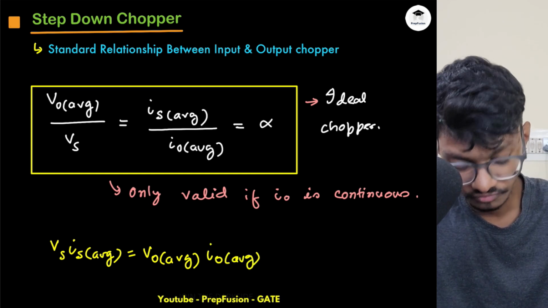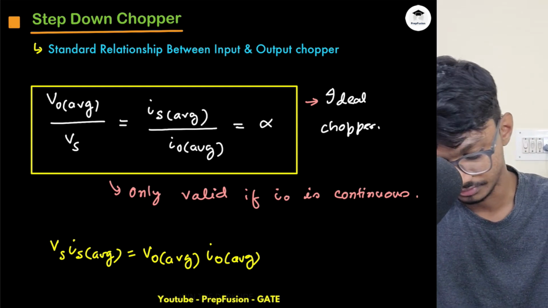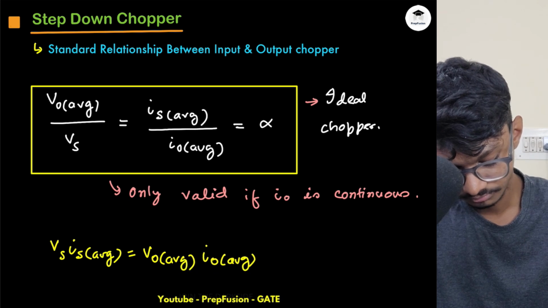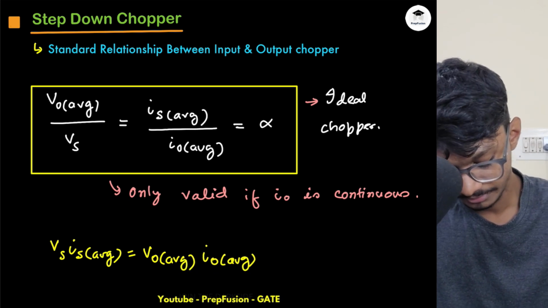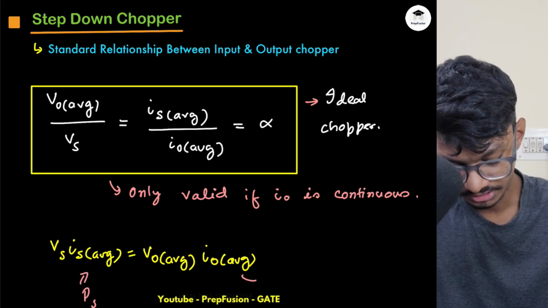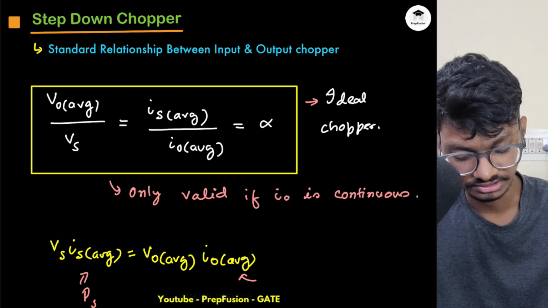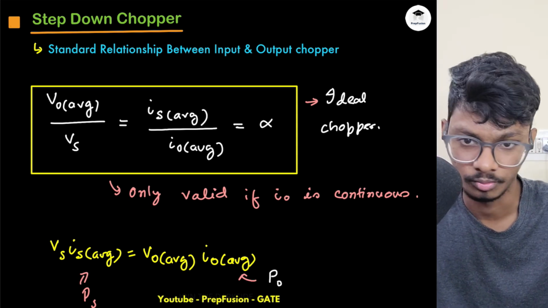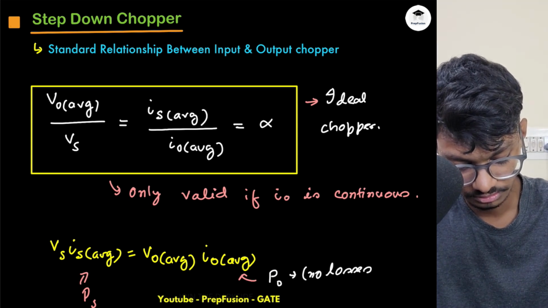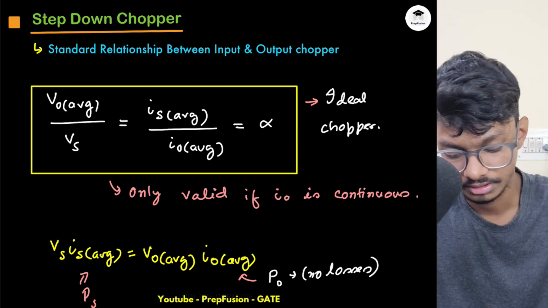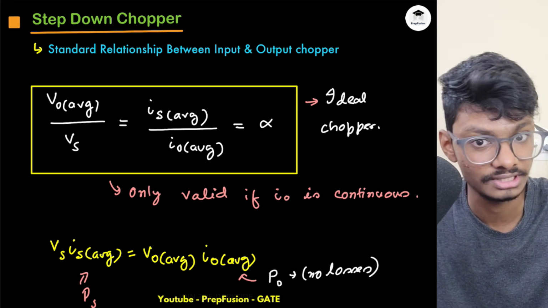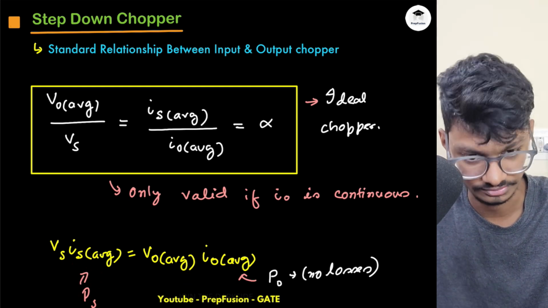So this will be my power. I surely know this is my supply power. And what is this? As I assume there are no losses in the converter, this is my load power. Then my PS will be equal to PO. As PS is this, which is equal to PO, PO will be equal to VO average into IO average. That's how this comes along. You have to understand this.